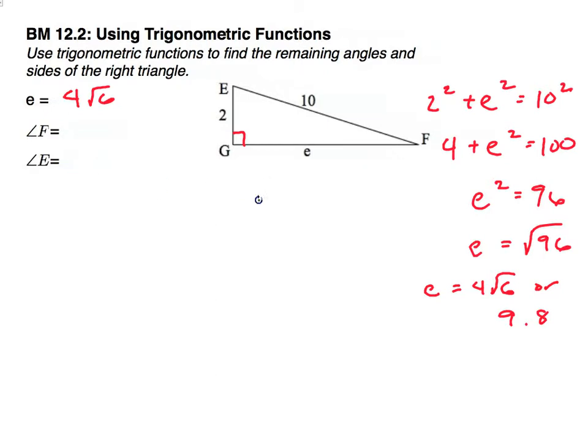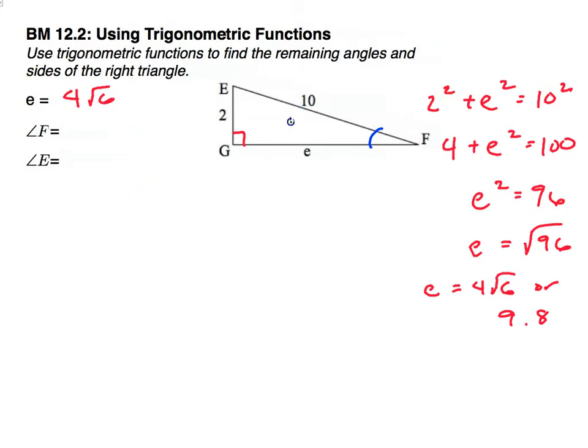Now, to find angle F, we need to use what are called inverse trig functions. Trig functions themselves take an angle and give us the ratio. If we have the ratio, we can use an inverse to find the angle. From angle F, the opposite side is 2 and the hypotenuse is 10.